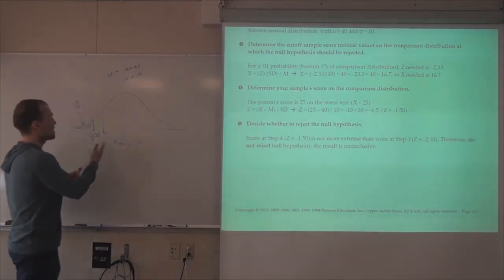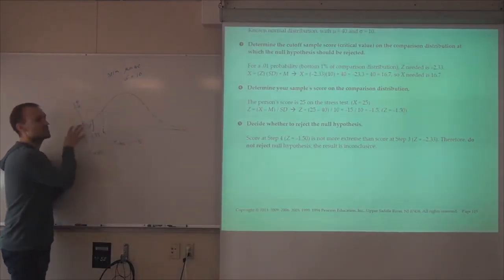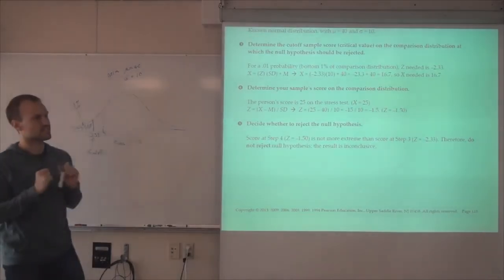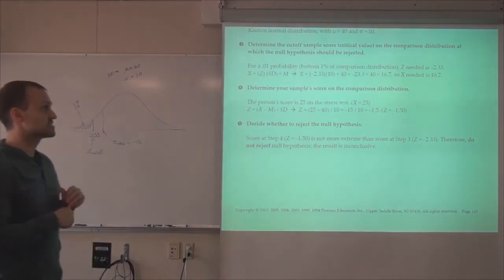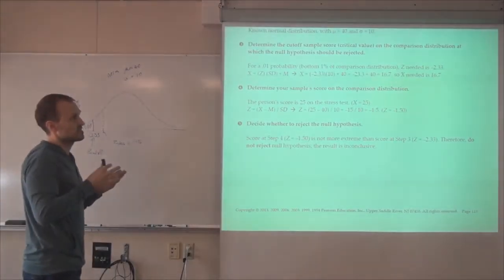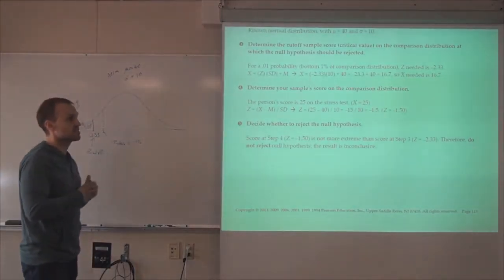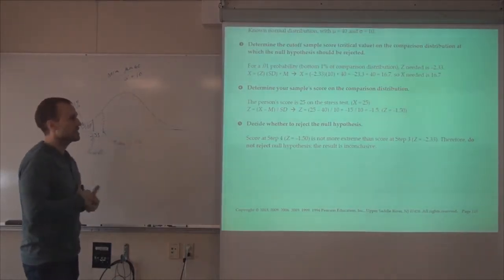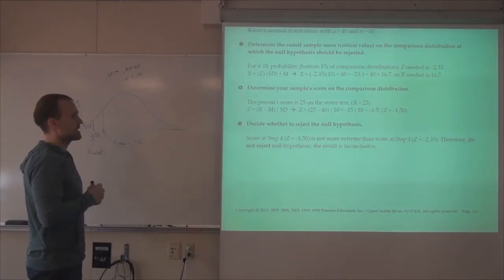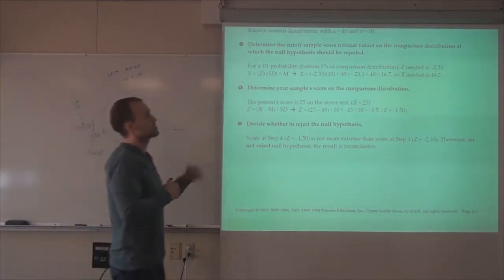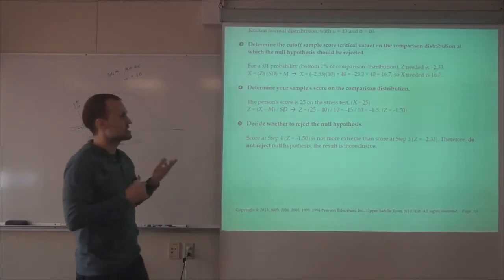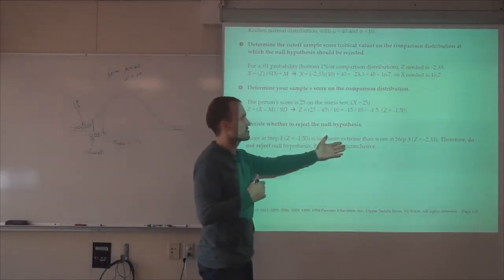Clearly that is not past my cutoff into this extreme region where I'd say, okay, the evidence is significant to suggest that the mean has changed from population 1 to population 2, lower in fact. This is not significant enough according to my desired significance level, so it's not more extreme.